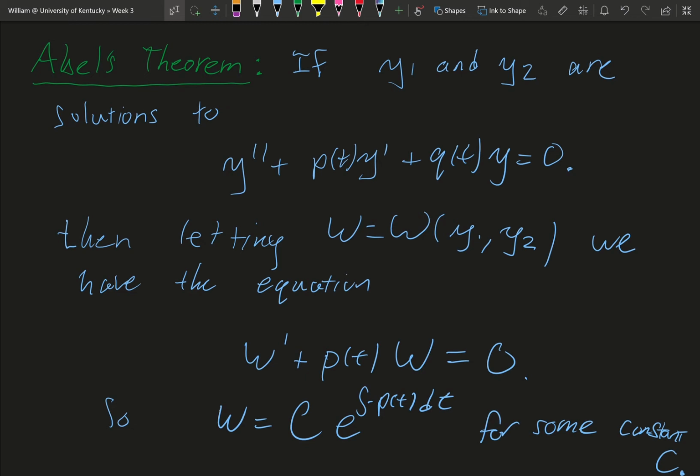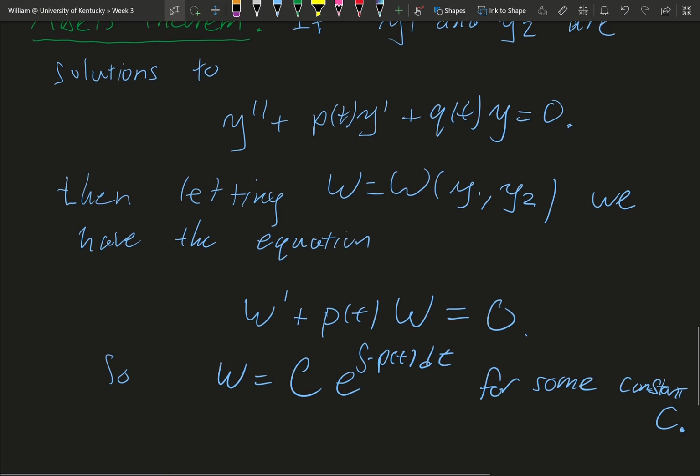They do have to be solutions, but if they aren't a fundamental set, then that C would just be 0. So it handles that case as well. This also gives you a reason to see why we can't get 0 here. As long as P of t is defined, this whole expression is e to some power, and e to a power is never 0.